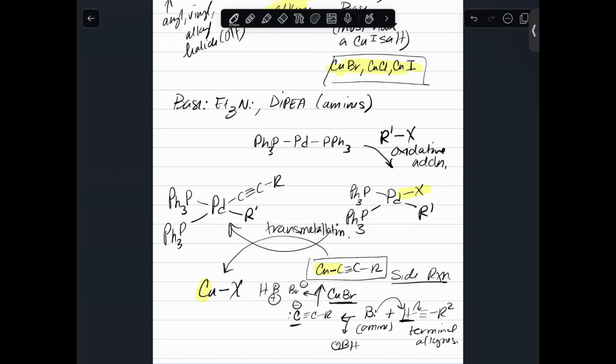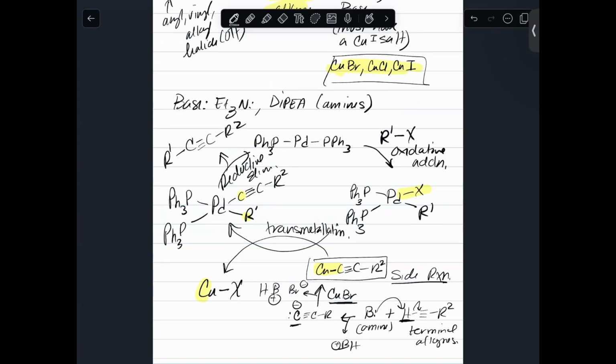And just like before, the carbons that are bonded to the palladium are the ones that couple via a reductive elimination step. And we're done.